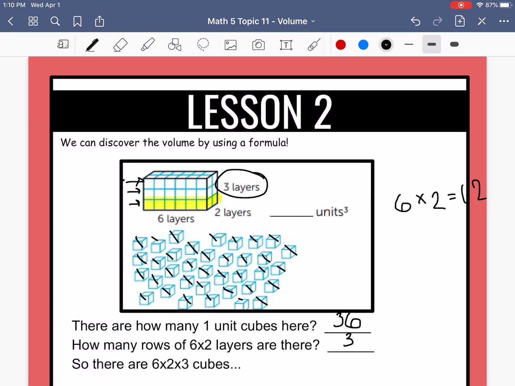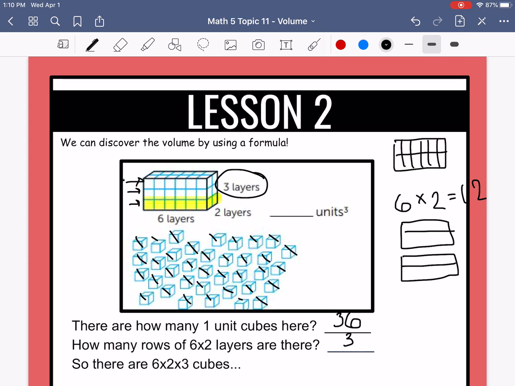So what we were finding yesterday is there's 1 layer, 2 layers, 3 layers, and we decided we could take these and add them all up, or what else could we do? Right, we could multiply these.